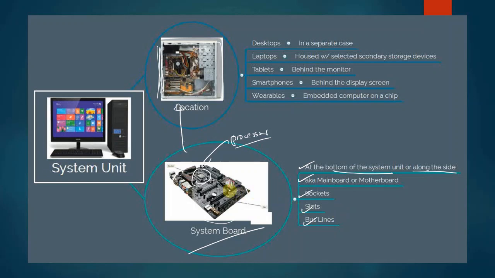You also have slots. Here are your slots, which allow you to place adapters on them, adapters such as perhaps a wireless card of some kind. Here's another slot. And then you have bus lines. They're basically lines that allow the different components to communicate data with one another. They carry the information.